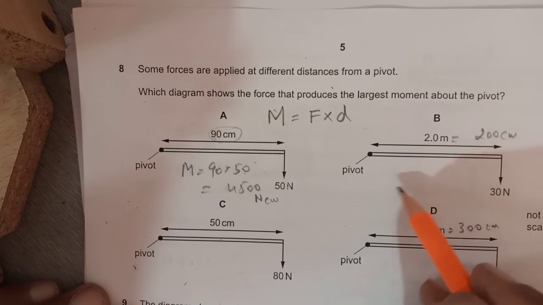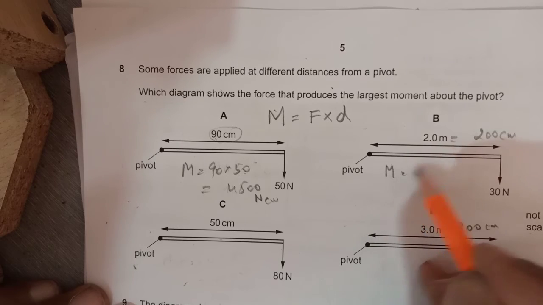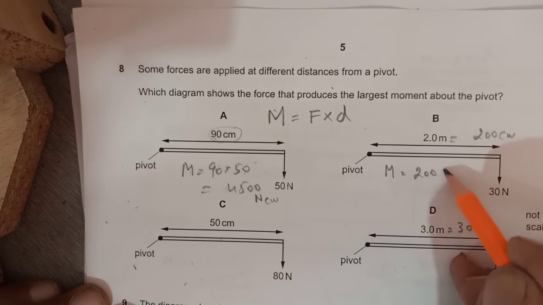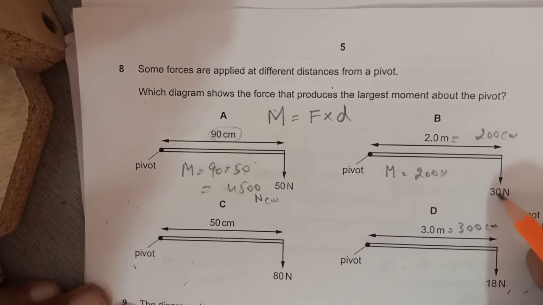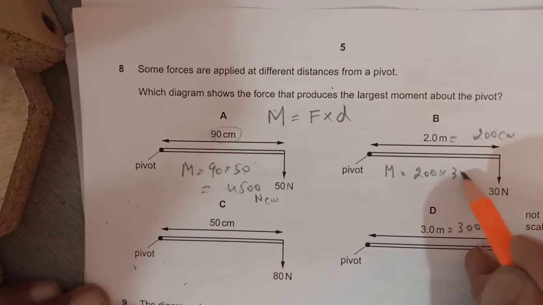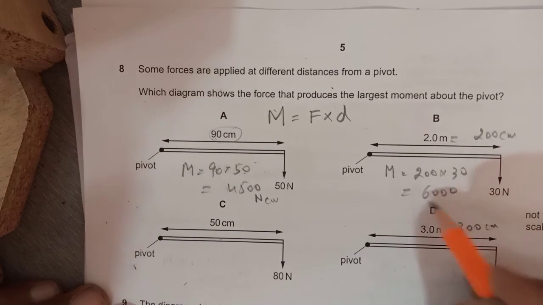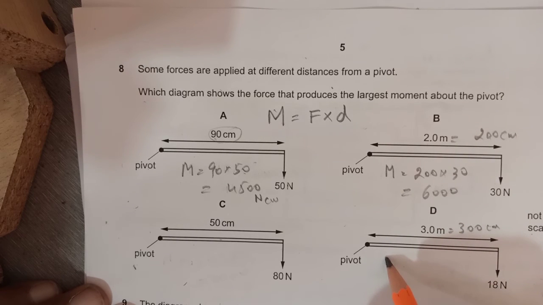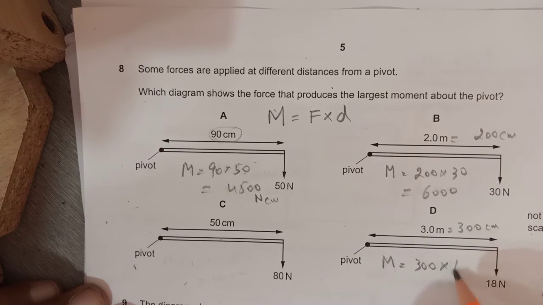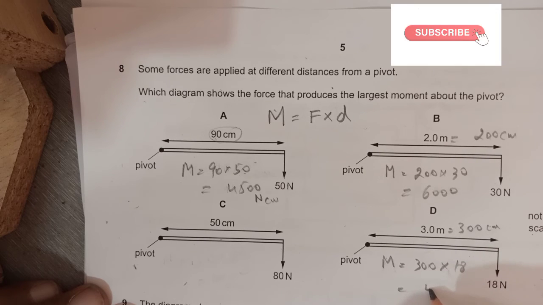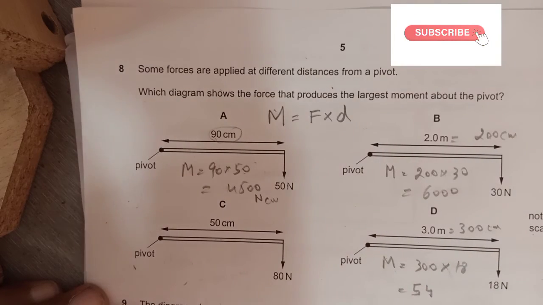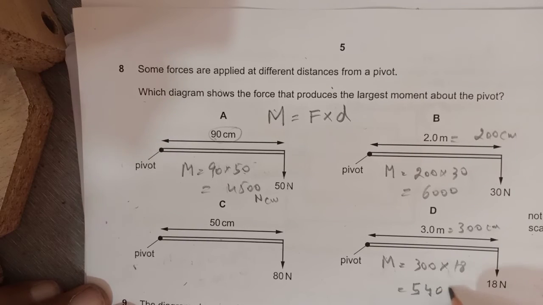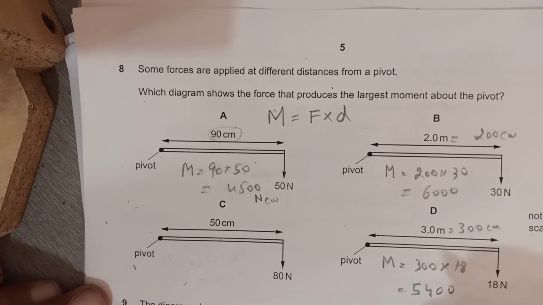SI unit is not centimeter for distance. You must know it. Now over here I calculate by multiplying 200, which is perpendicular distance from pivot to the force 30. The answer is over here what? 6000 Newton centimeter. Over here I calculate moment by multiplying 300 with 18. 18 threes are what, 54. So it is 5400.